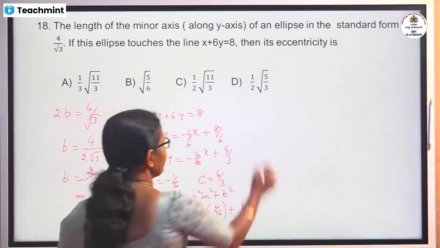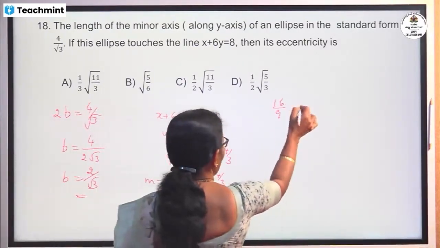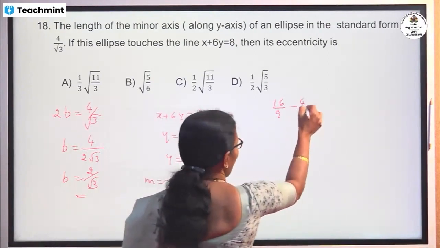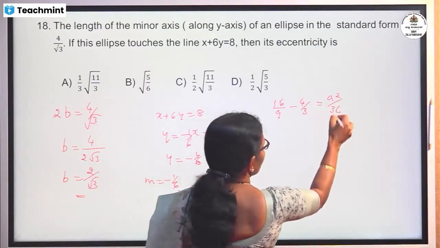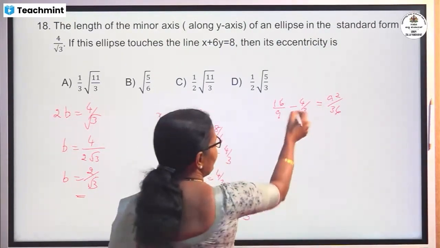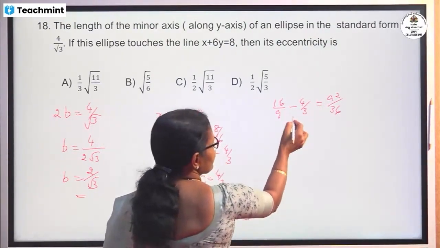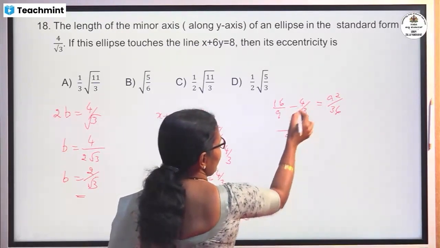Now simplify this one. 16 by 9 minus 4 by 3 equals a square divided by 36. When we take LCM, 9 is the LCM: 16 minus 12.